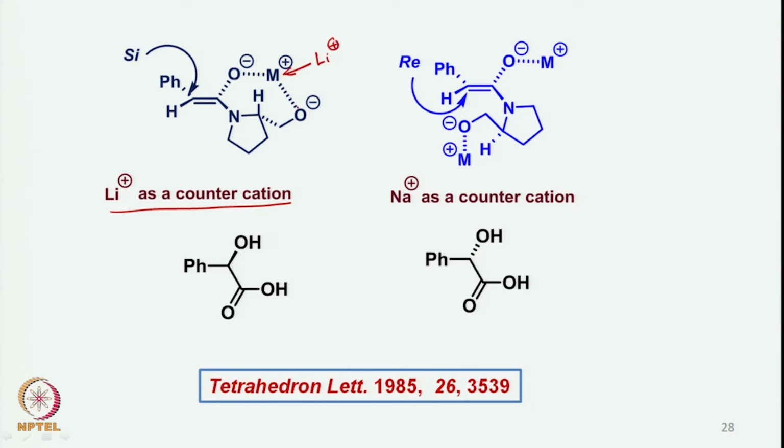And due to this, because this is alpha oriented, or it is at the bottom of the double bond, it is towards the lower part of the double bond, therefore the nucleophile attacks from the top side.